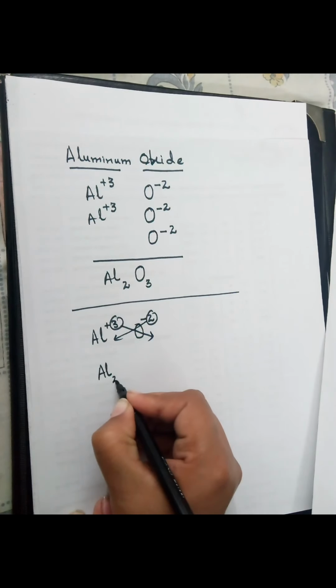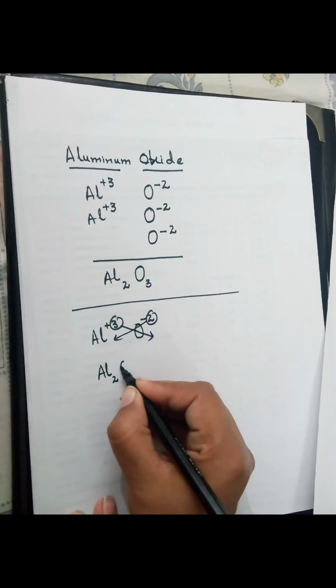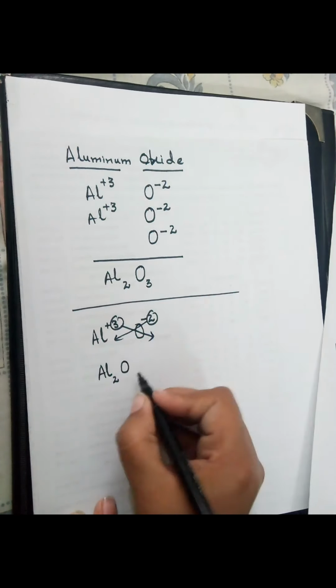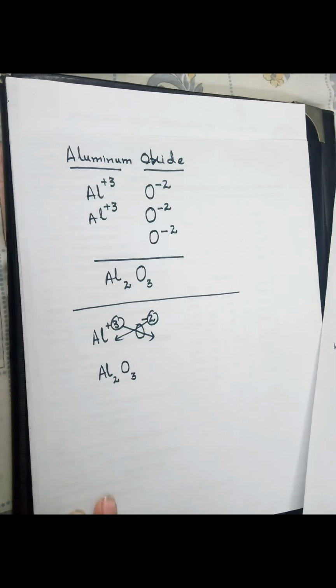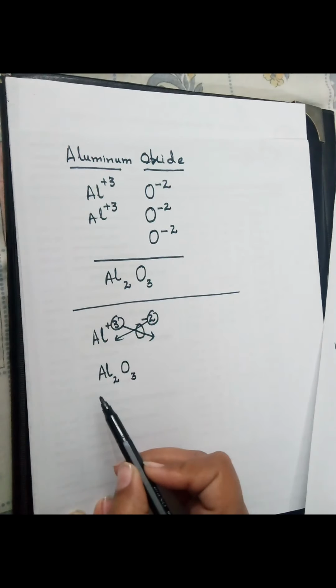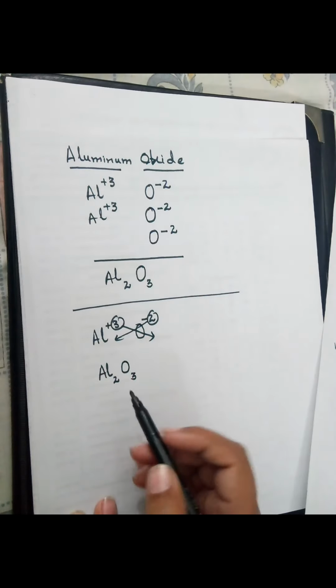Two will be here and the 3, which was the charge of aluminum, will be here. So the chemical formula of aluminum oxide is Al2O3.